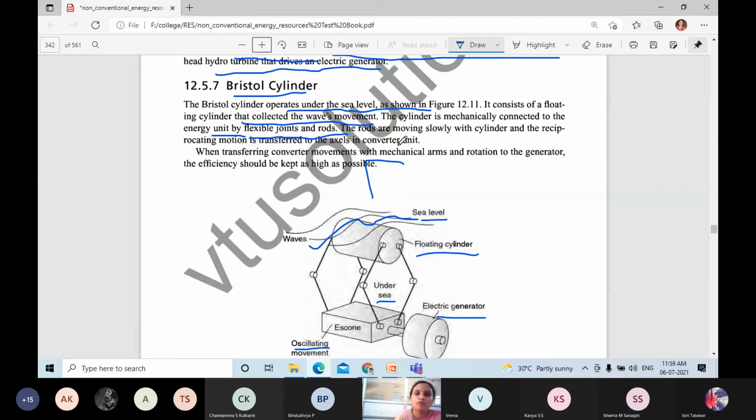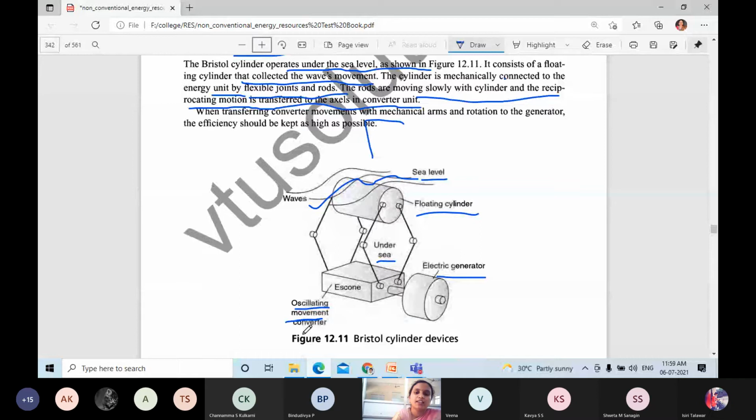The rods are moving slowly with the cylinder, and the reciprocating motion is transferred to the axles in the converting unit. Here it is converted.